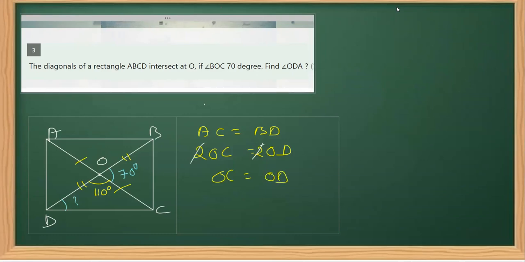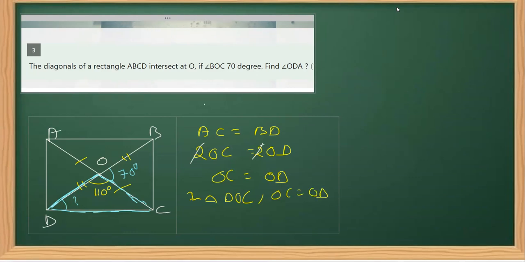So we can cancel this 2 here and we'll get OC is equal to OD. And you must be knowing that in a triangle, if two sides are equal, like I'm considering this triangle DOC. Here I'm considering triangle DOC. This is the triangle. Now, in this triangle, we have two sides as equal. That means we have OC is equal to OD.